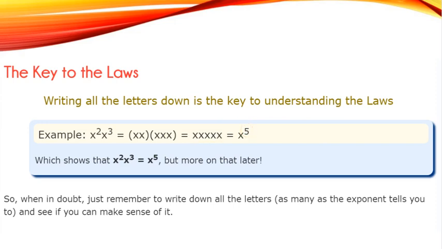This is how you can write this exponent. I will show you how x squared times x to the power 3 equals x to the power 5 in the forthcoming slides, but for now you can understand it like this.